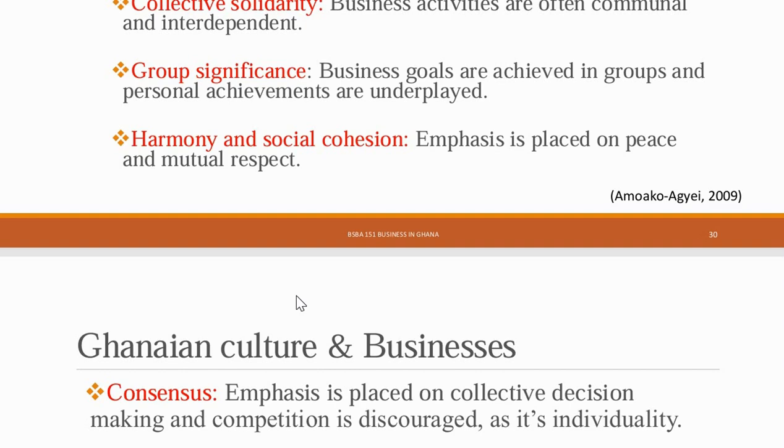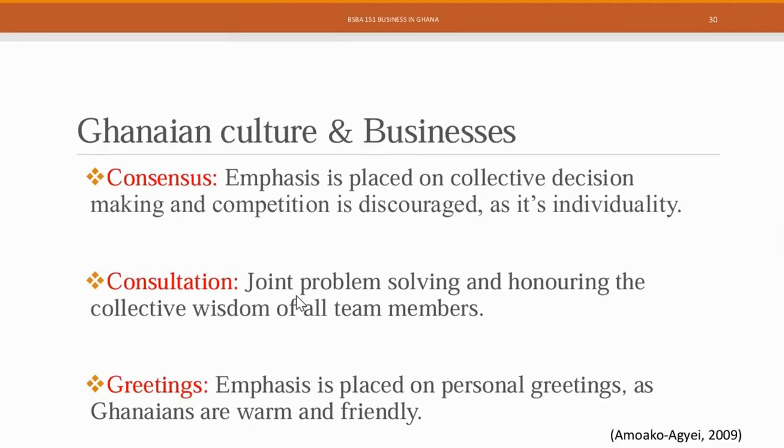Now the word consensus: emphasis is placed on collective decision making and competition is discouraged. Whenever you hear the word consensus, it is a decision, most of the time referred to as the majority.